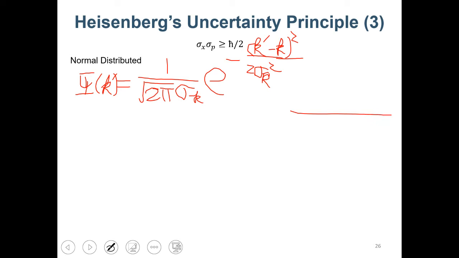In a graphical way, it will look like this. It is a bell-shaped Gaussian distribution. And the standard deviation of this one is sigma k. The middle point is k, and this is the k prime axis.